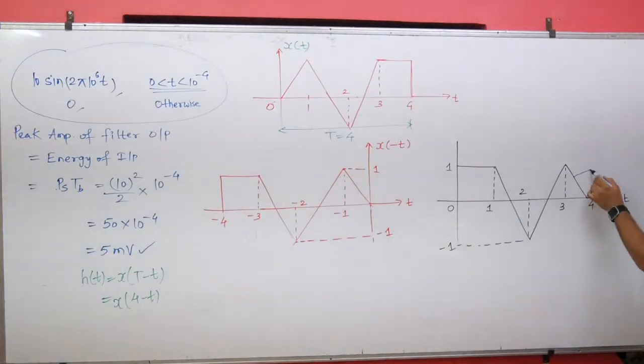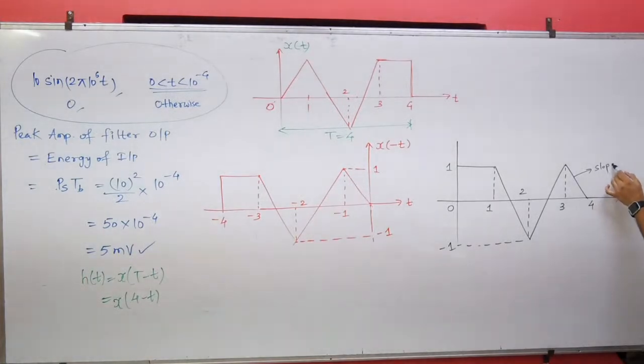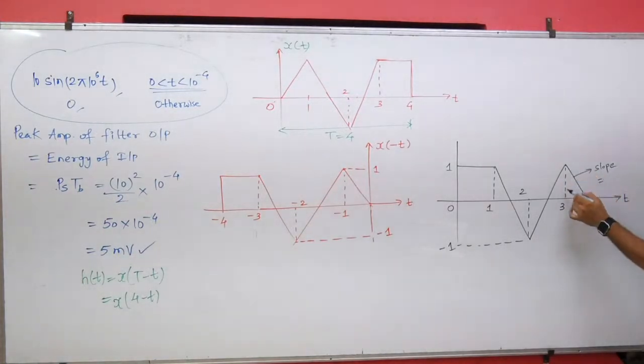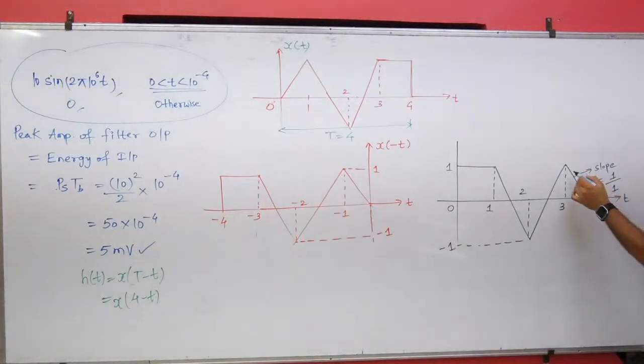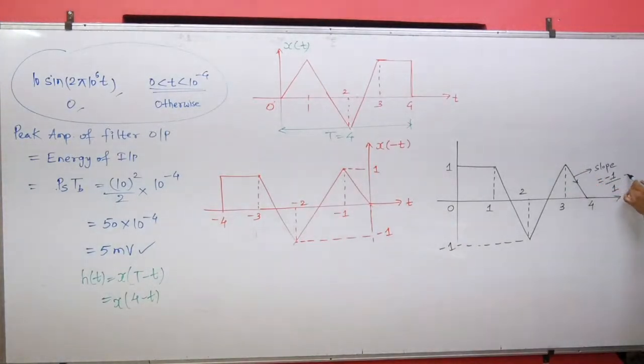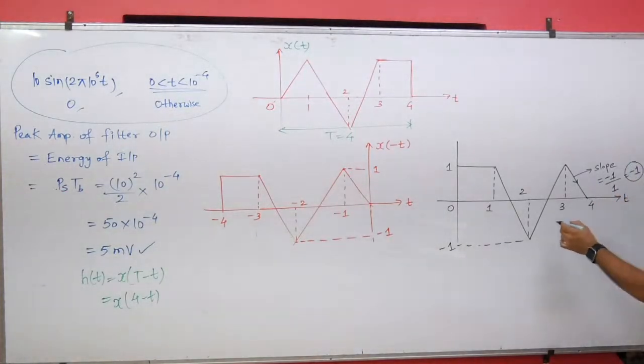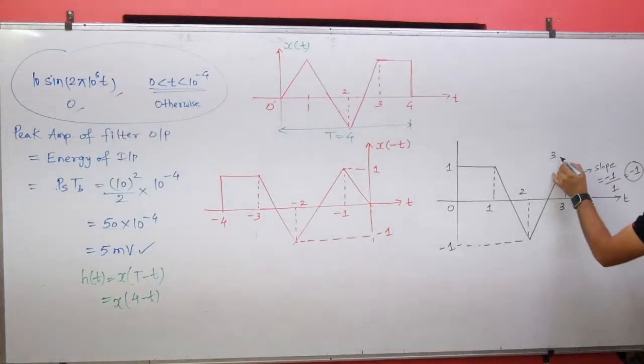So we have to calculate this slope. The height is 1 and the base is also 1, but the slope is negative, so we get a slope of -1.